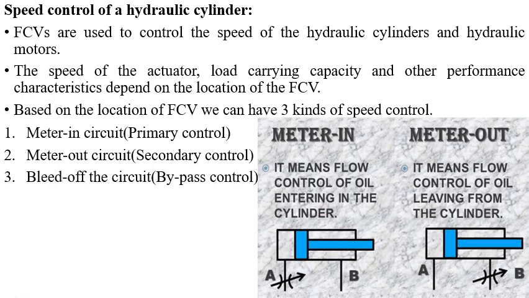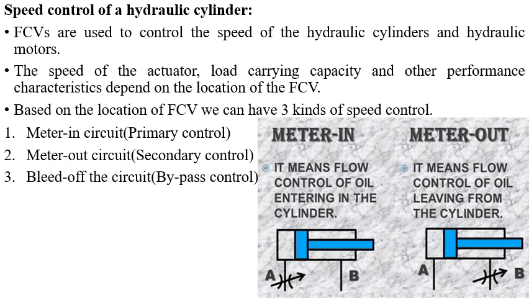See this diagram showing meter in and meter out. Here in the meter in circuit, the flow control valve is installed in the inlet line. In these two diagrams, A is the inlet, B is the outlet. When the flow control valve is installed in the A line, that is the inlet line, it means the flow of the oil entering the cylinder is metered.